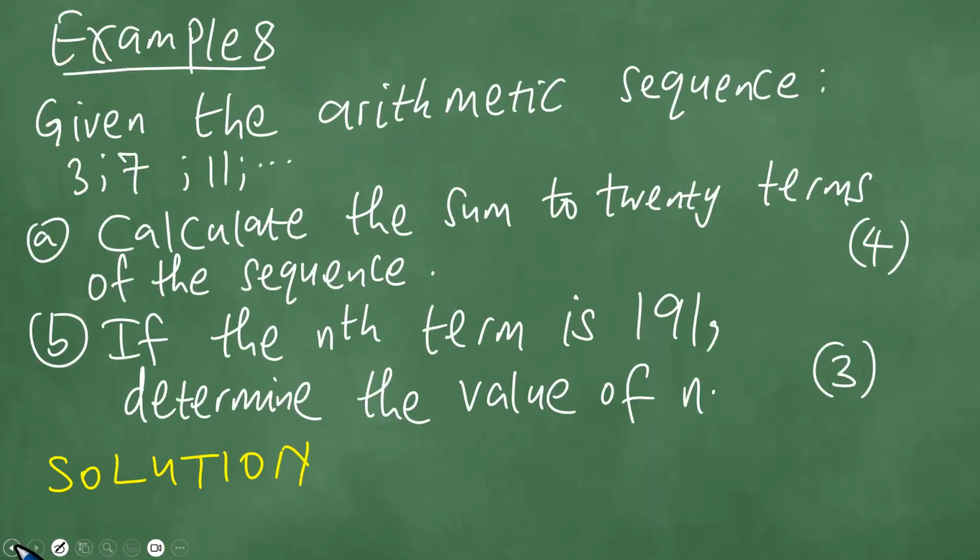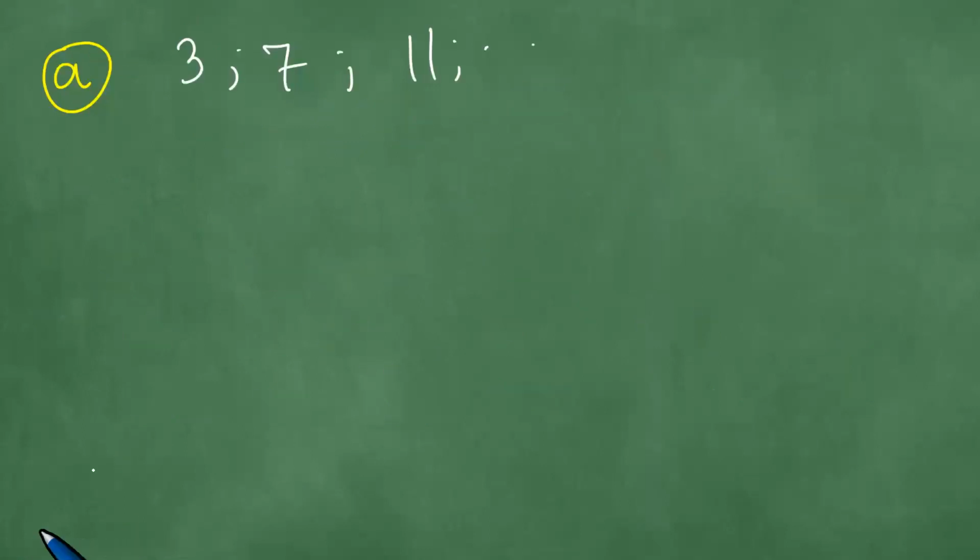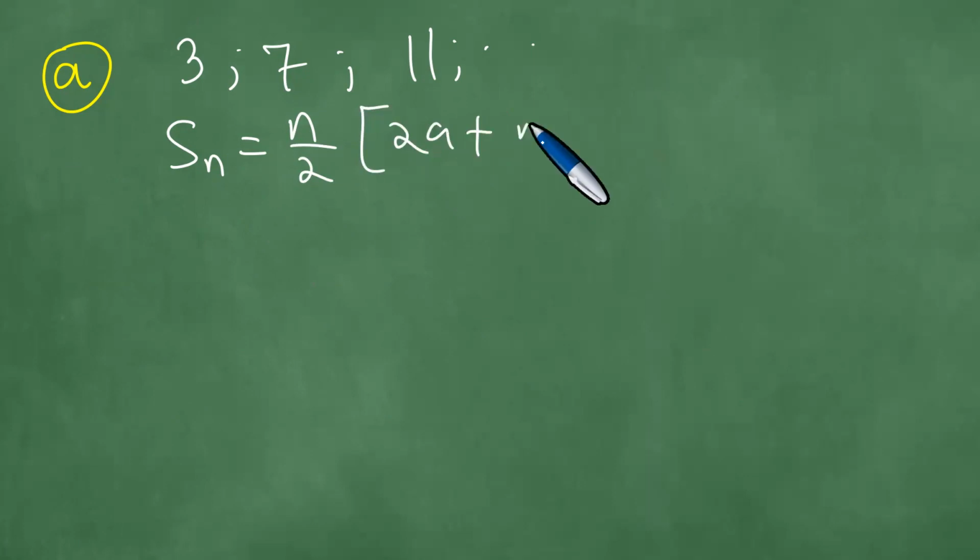But what do we want? The sum to 20 terms. But it's arithmetic, so what is the sum formula? We must find the sum. The formula is n over 2 into 2a plus n minus 1 into the common difference d. That is the formula.